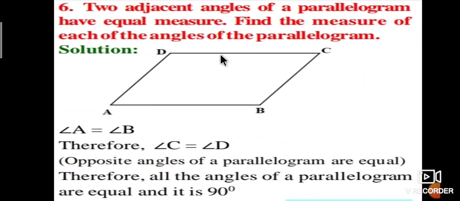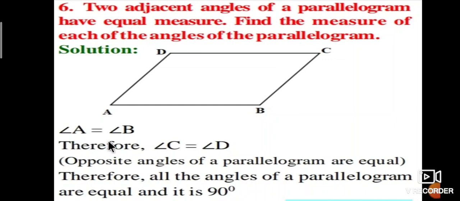Okay, next question is: two adjacent angles of a parallelogram have equal measure. Find the measure of each of the angles of the parallelogram. Therefore, ABCD is a parallelogram. Two adjacent angles of the parallelogram have equal measures.